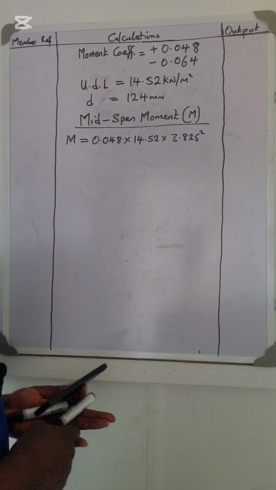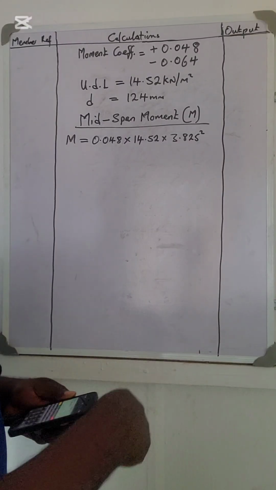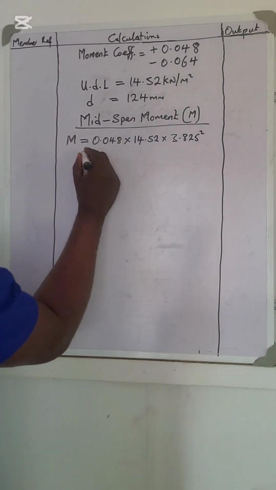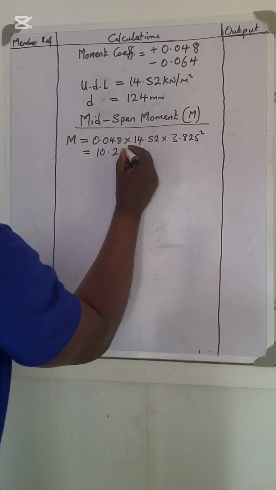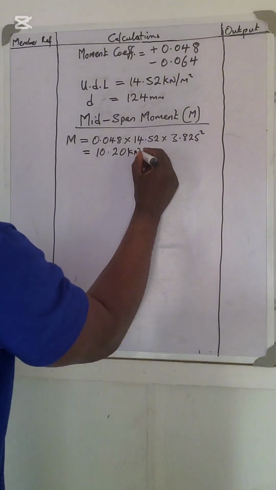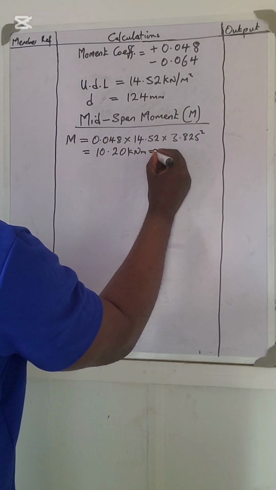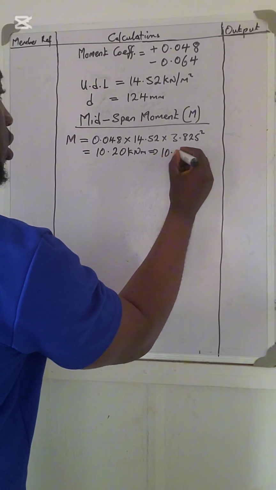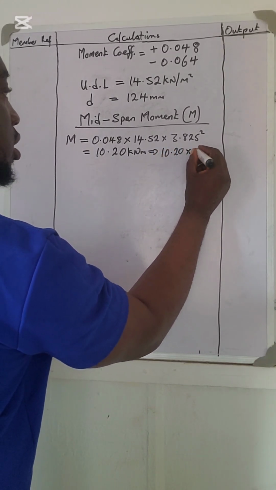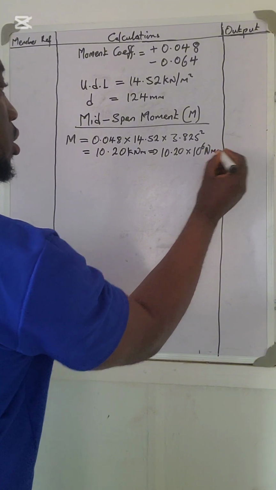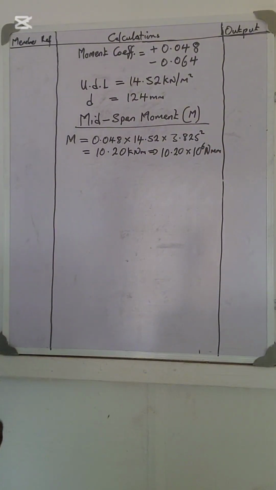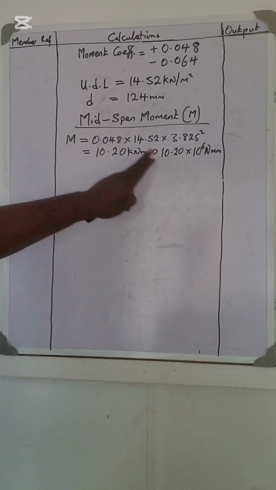We have 10.2 approximately. This is equal to 10.20 kilonewton meter. This is also equal to 10.20 times 10 raised to the power 6 Newton millimeters. All right, we have gotten our moment for the mid span.